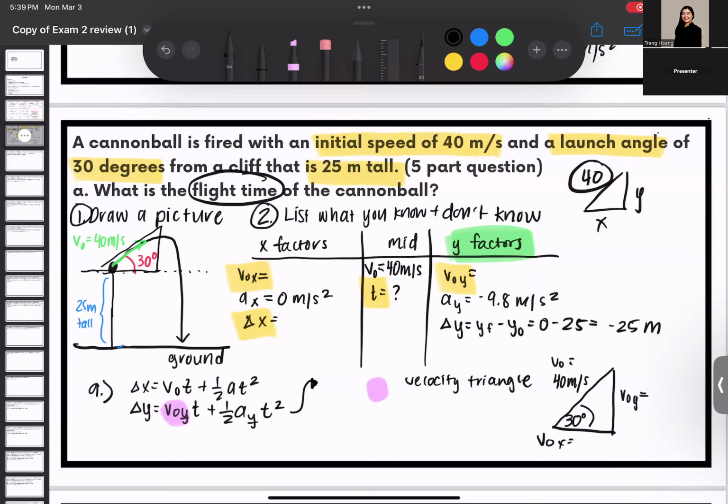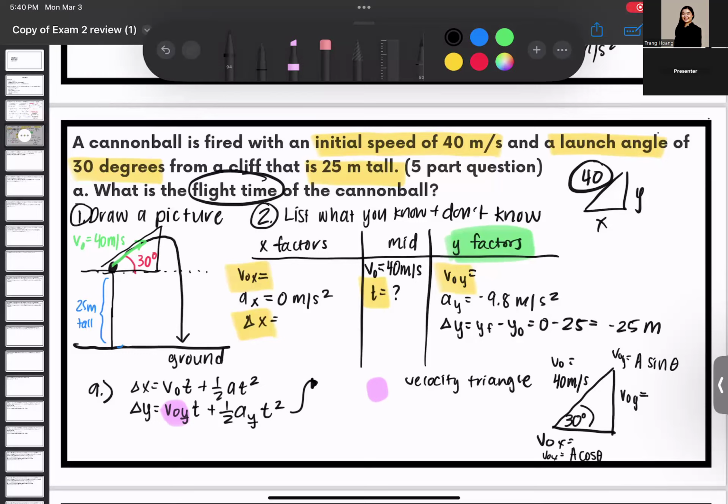And this is when you use sine and cosine, right? I know in the equations before in the textbook, it says it's usually A sine theta for your V0Y. So I'm going to use that same approach: A sine theta for V0Y, whereas V0X is equal to A cosine theta.